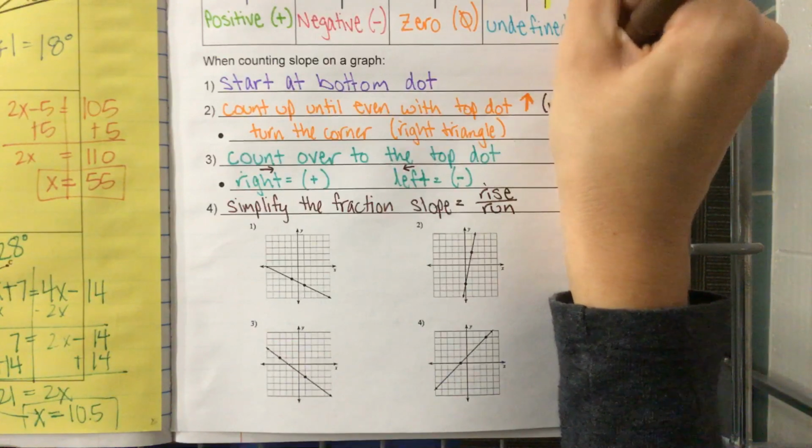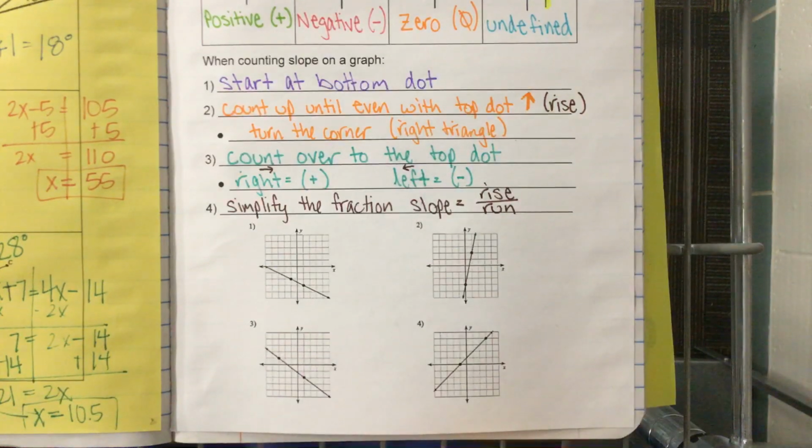Add that word to your step number 2. Step number 2, counting up is the rise. And then step 3 is the run. When we count over, it's the run, because you run over.